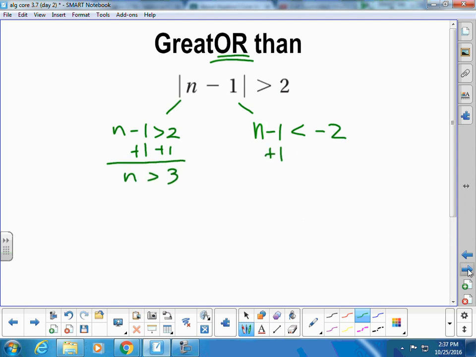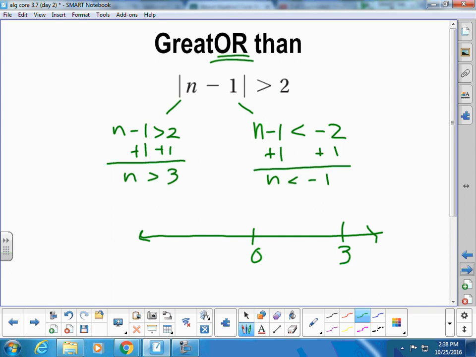Add 1 on both sides here, and I get n is less than -1. So this graph is going to look different than the other graph. Here is my 3, 0, -1. N is greater than 3 or less than -1. So it's an "or." They do not touch anywhere.